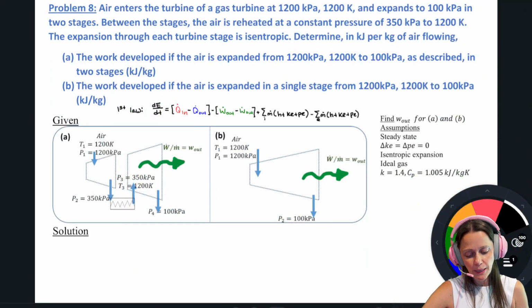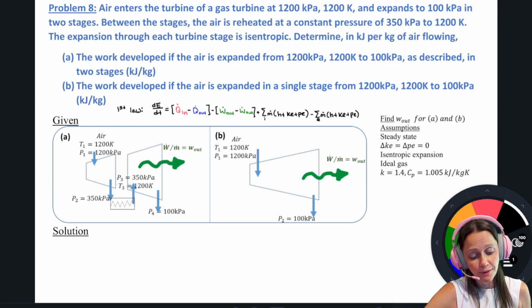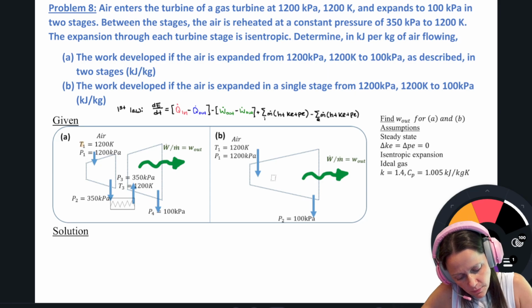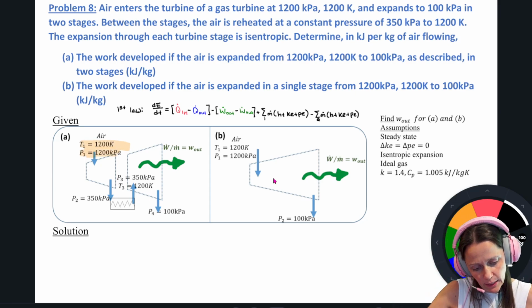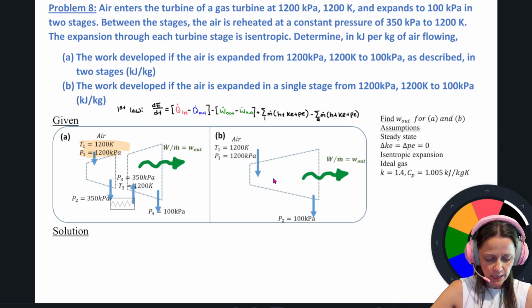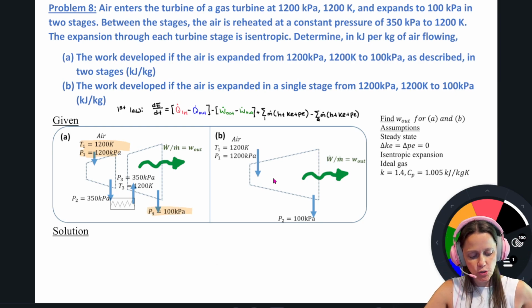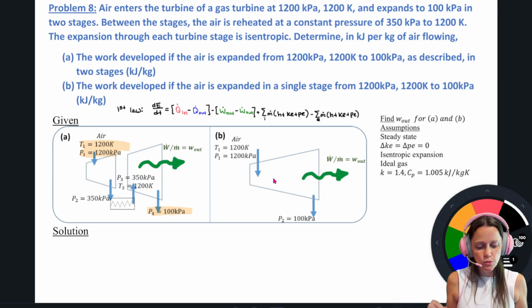All right, so problem 8. We have air enters the turbine of a gas turbine at 1200 kilopascals and expands to 100 kilopascals in 2 stages. So it ultimately expands to 100 kilopascals, but we have 2 stages.